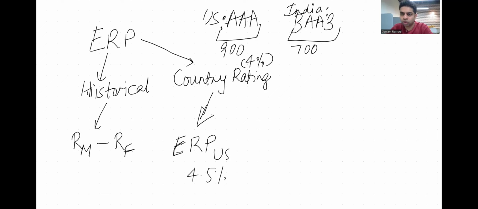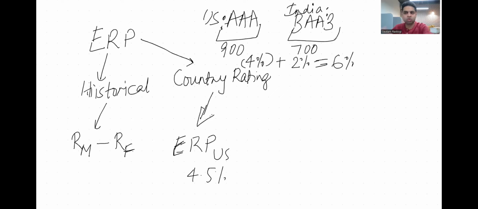It doesn't have the perfect CIBIL score, so there is a small embedded probability of default. So for the Indian market, they may expect, let's say, 2% more return, so a total return of 6% from the bond market.